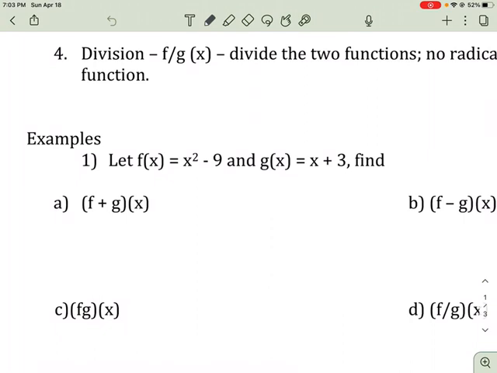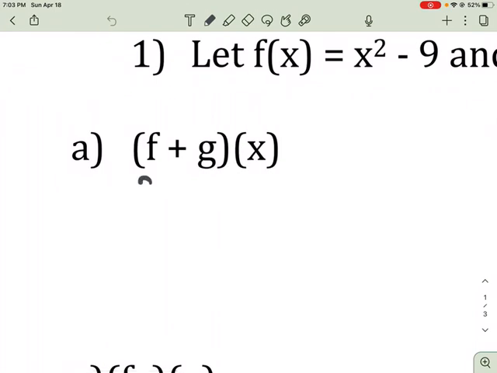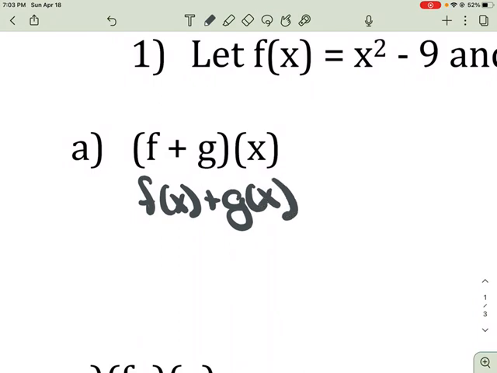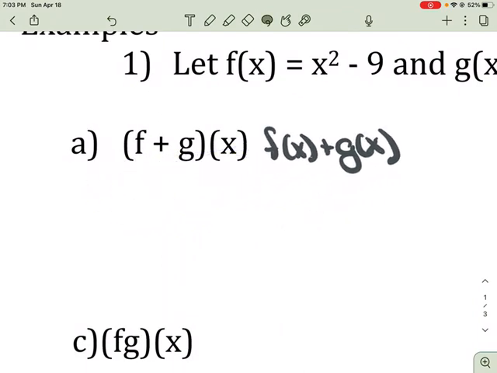Okay, so let's start out with these two functions. f of x is equal to x squared minus 9, and g of x is equal to x plus 3. So we have f plus g of x. This can also be written as f of x plus g of x. So in other words, we can just add these two functions together.